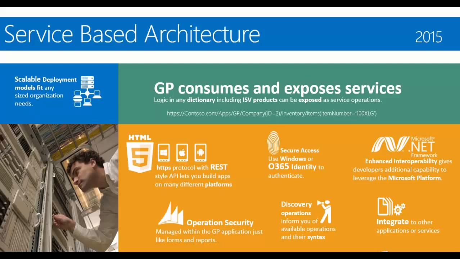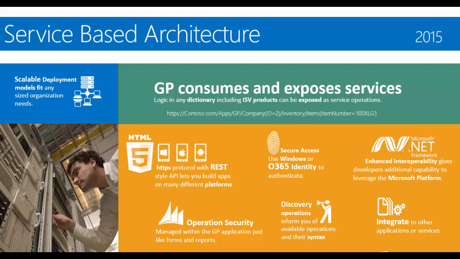Developers can utilize pre-built operations or create their own using the familiar Sanskrit language and then expose those operations through a REST-based API. The new architecture secures communications for access to operations through the new identity management feature, which we'll cover next, which allows authentication through either Windows or Azure AD identities. The operations themselves are included in the GP security model, so just like forms and reports, you can assign access to tasks and roles as you see fit.